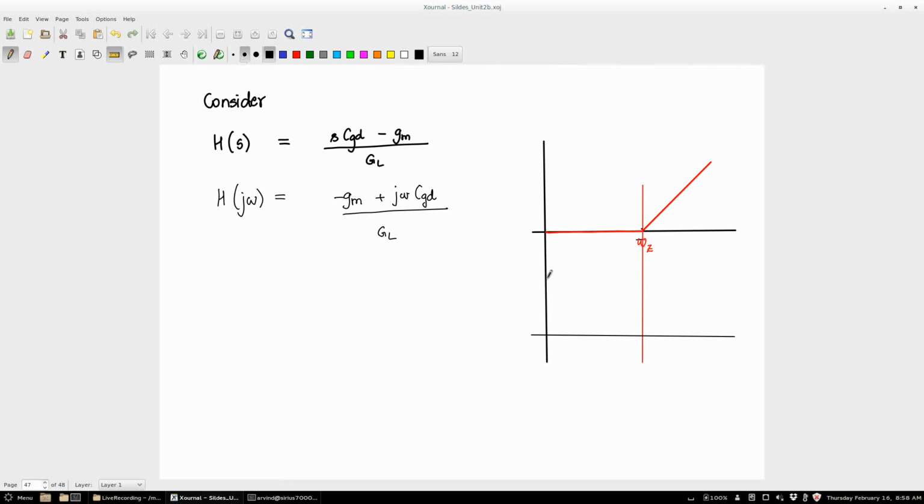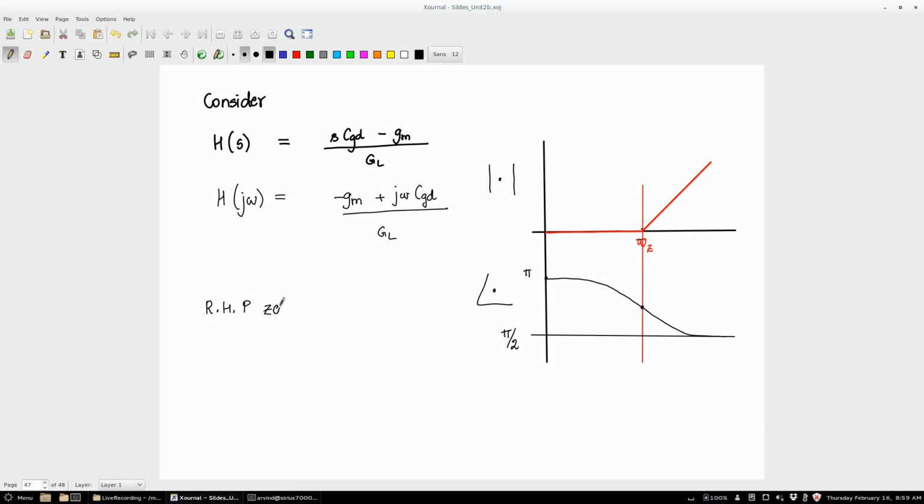What about the phase? What's the phase at 0? Quickly. The phase at 0 is pi, right? So this at 0 starts at pi and goes to pi by 2. It starts at pi and goes to pi by 2.